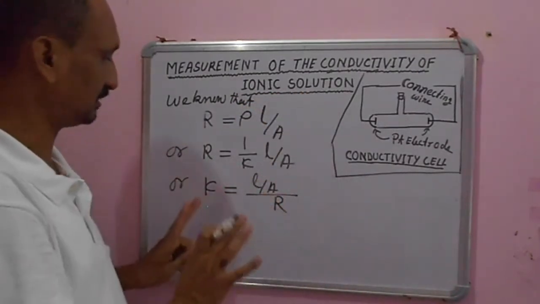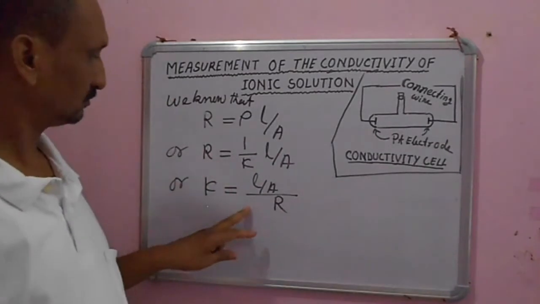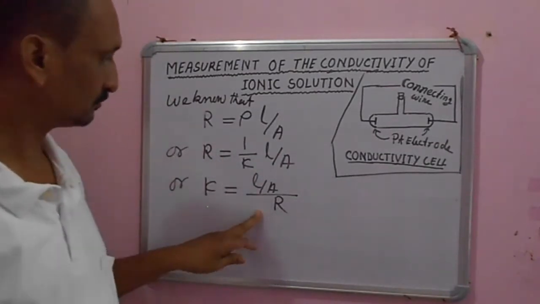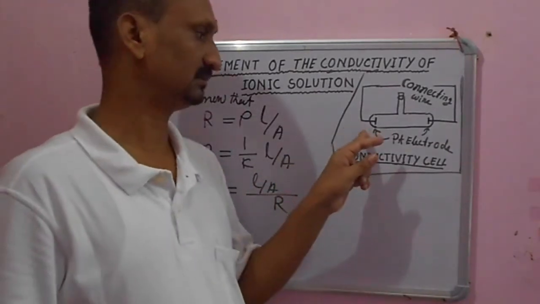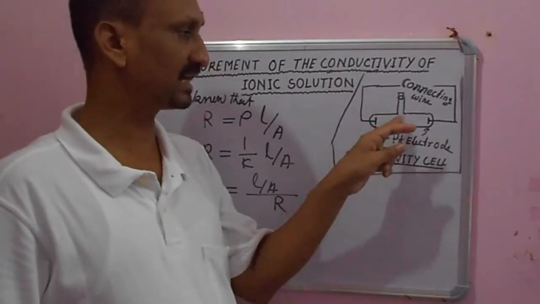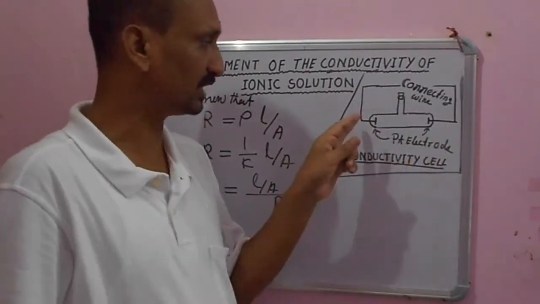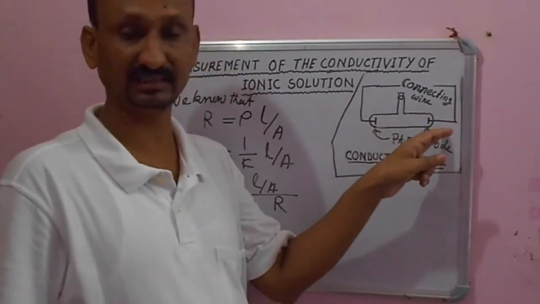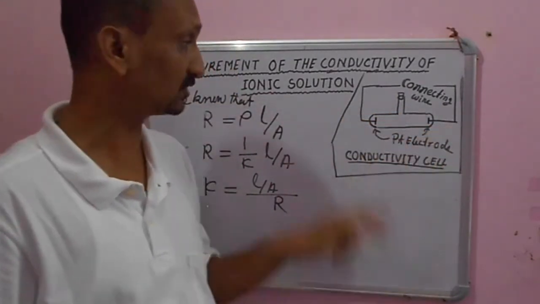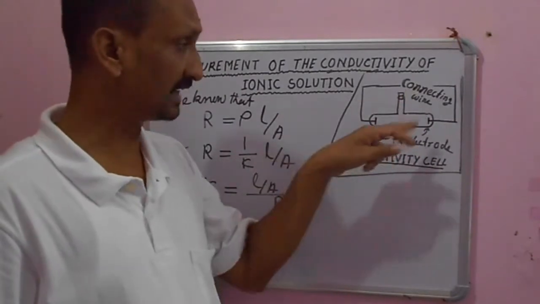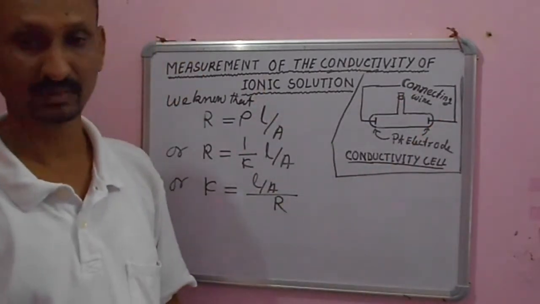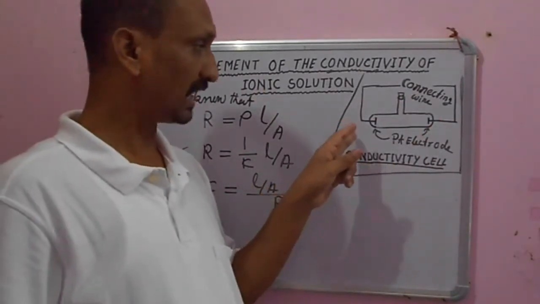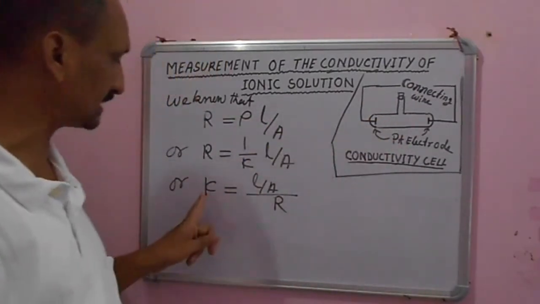It is difficult actually. So to overcome this problem, we have to design a special vessel that is called a conductivity cell. With the help of this conductivity cell we can measure kappa.